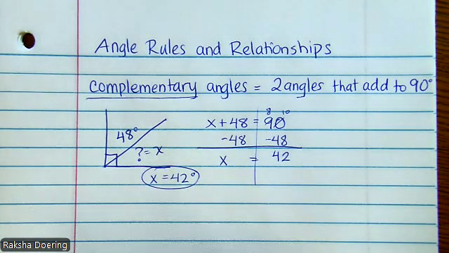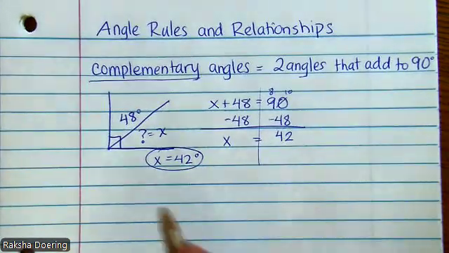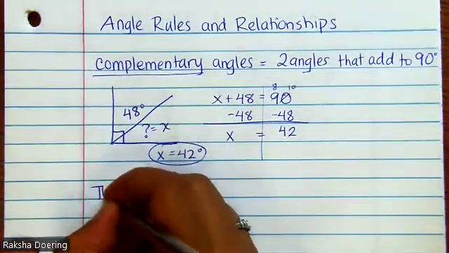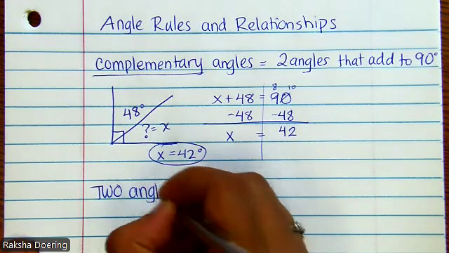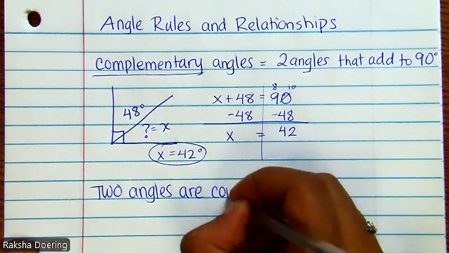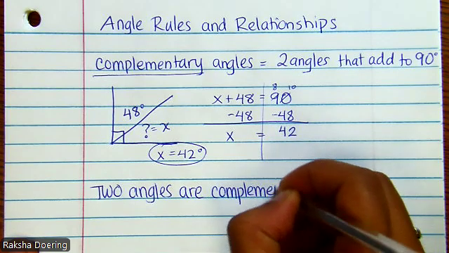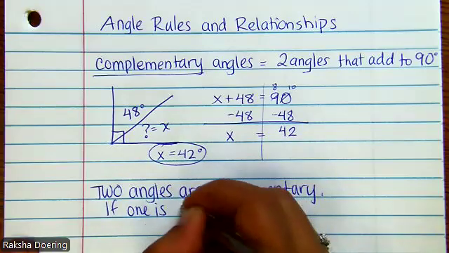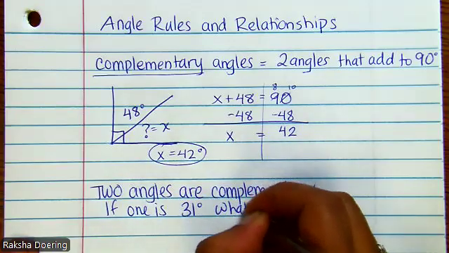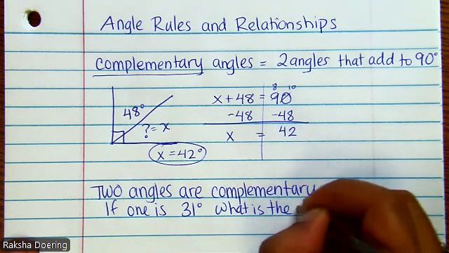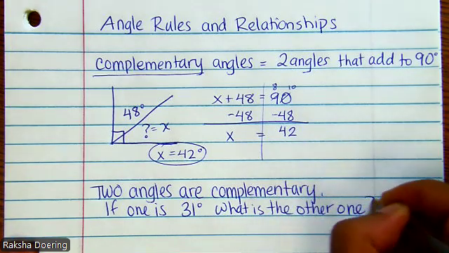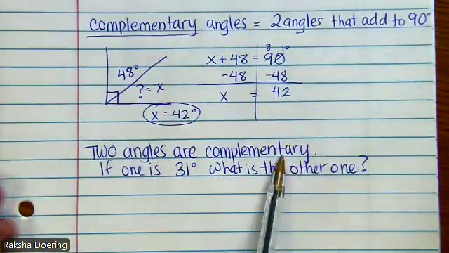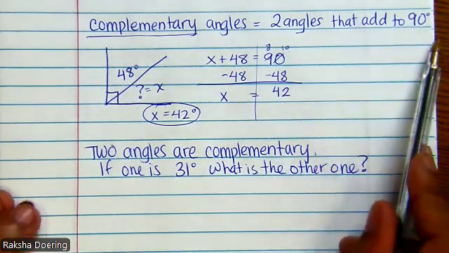So that's complementary angles. The other way you could be asked it is you could have it written in words. So it might say two angles are complementary, if one is 31 degrees, what is the other one? This is a different way of asking that same question, which is just, if I know the two angles are complementary, then I know they have to add up to 90 degrees.